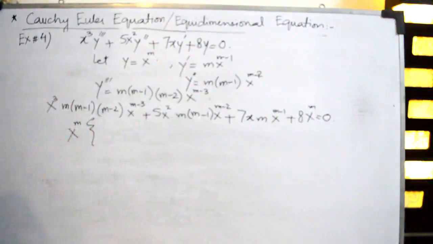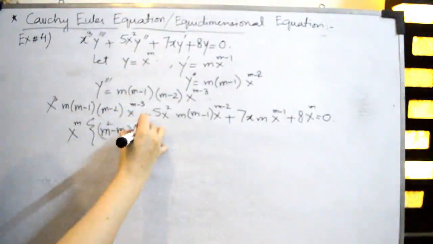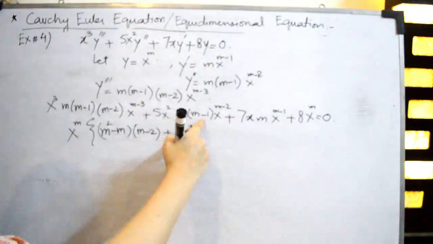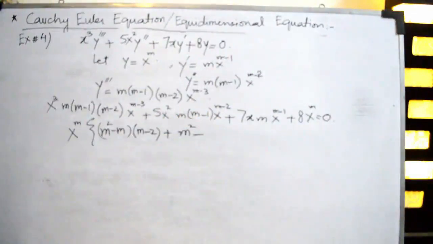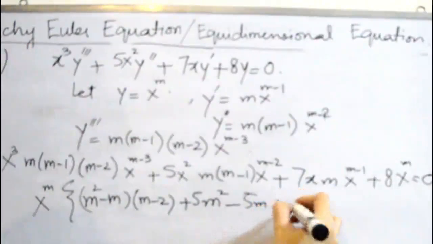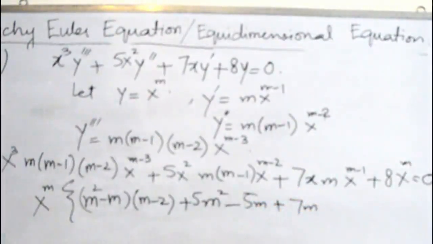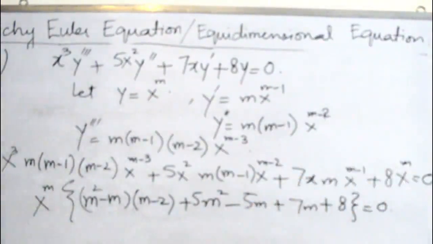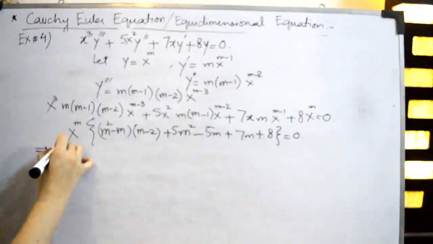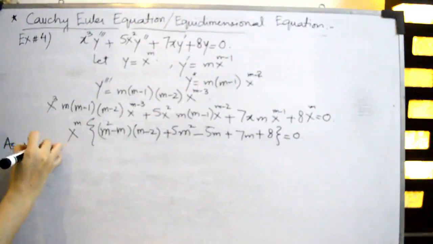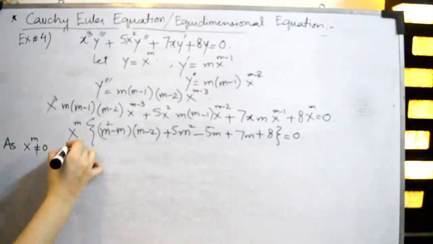So the rest of the terms are m into m minus 1 into m minus 2, plus 5m into m minus 1, plus 7m, plus 8, equals 0. As we know that x to the power m cannot be equal to 0, we ignore this term from now on.